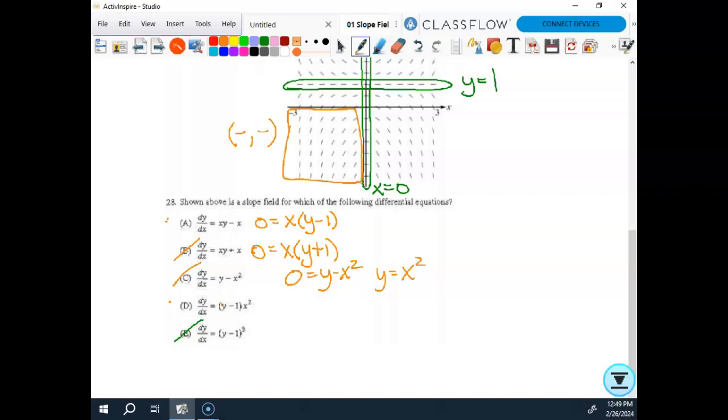So if I put a negative number in here and a negative number in here, I'm going to get a negative times a negative, which will give me a positive slope, so I think I still like A. If I put a negative number in here, this will be negative, but because I square it, it's always positive. So these would actually give me a negative slope in the third quadrant. That's what makes my answer A.